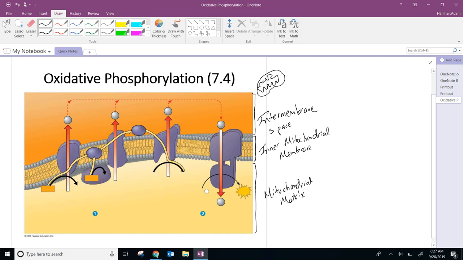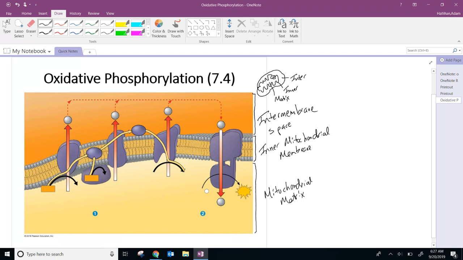Okay. So we're going to zoom in and show where we're at. If I take one of these folds and draw a little square right there, we are zooming in, and this section is the intermembrane space. The folded line is your inner mitochondrial membrane, and then lastly, the large section in the middle is the matrix.